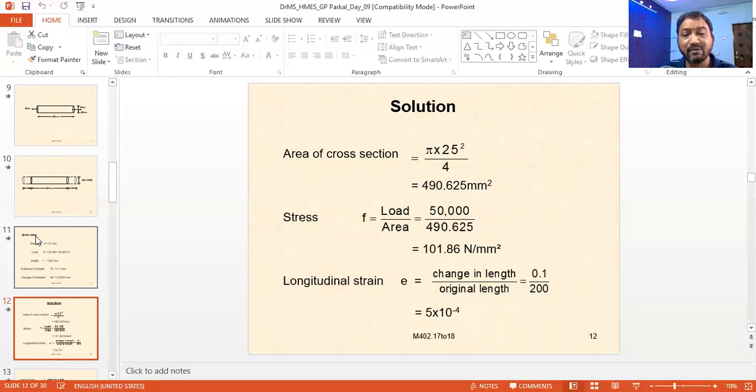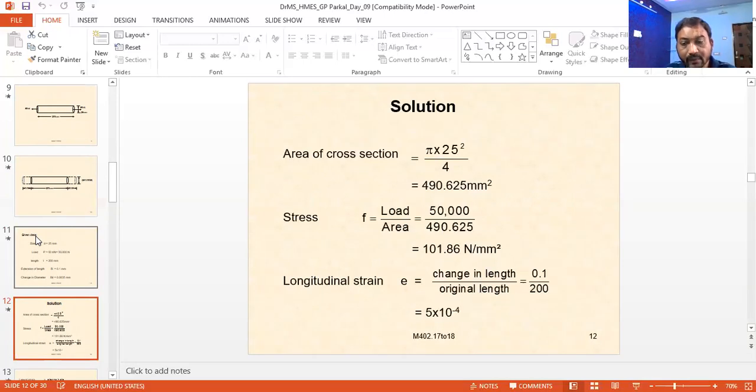Stress f is equal to load by area. Here the load is given as 50,000 and the area we calculated is 490.625. By substituting the load and area values, the stress f is equal to 101.86 newtons per square millimeter. That is the stress value.